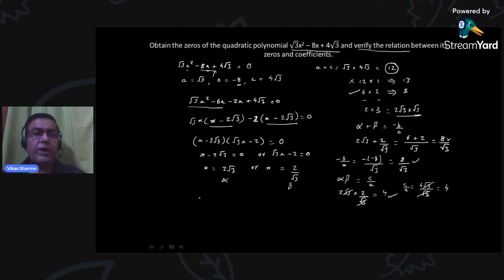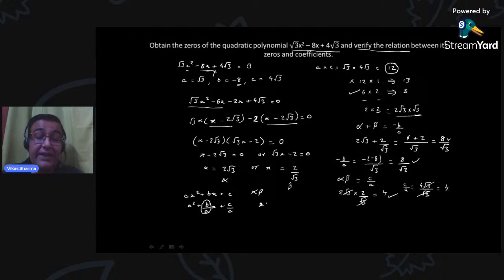So usually, if we divide the general polynomial ax squared plus bx plus c, let's say it has roots alpha and beta, by a, we get x squared plus b upon a times x plus c upon a. That means the negative of this term is the sum of the roots.